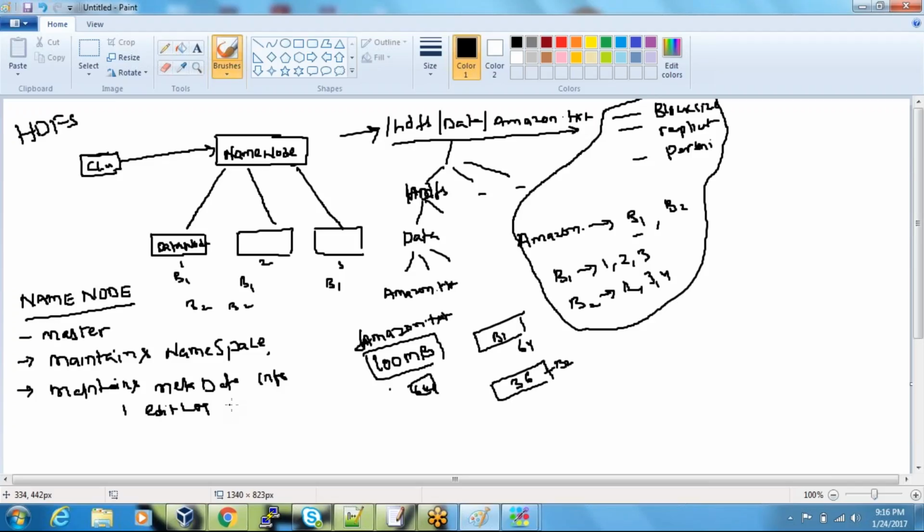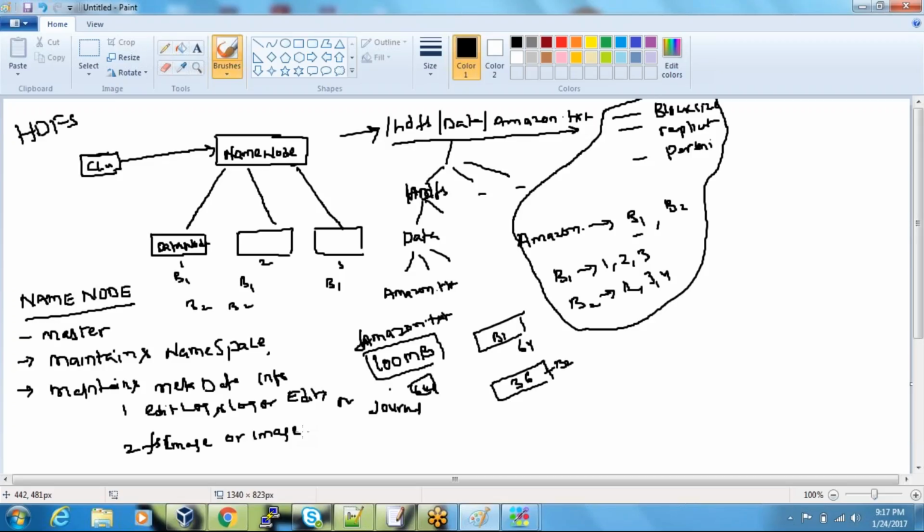Some people call it journal file, some call it log file, some call it edits. And the second file is fsimage. Some people call it image file.